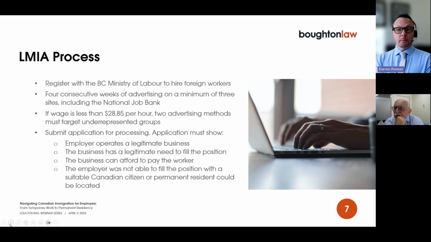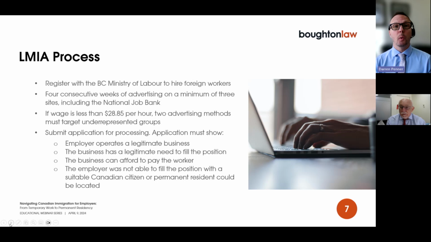In terms of the LMIA process, this is something that we go through carefully with employers. There are a few different layers to it, and as time goes on, we seem to have more layers added. It always seems to get a little more complicated, but this is where we're at right now. The first thing that needs to happen, if this is an employment position in BC, is that the employer needs to register with the BC Ministry of Labour to hire foreign workers.